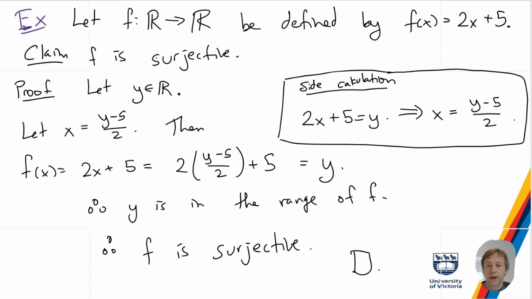Okay, now when you're talking about surjectivity, your domain and your codomain are going to be really important. As an example, just a small tweak of that example from the previous slide can give you a function that's not surjective.